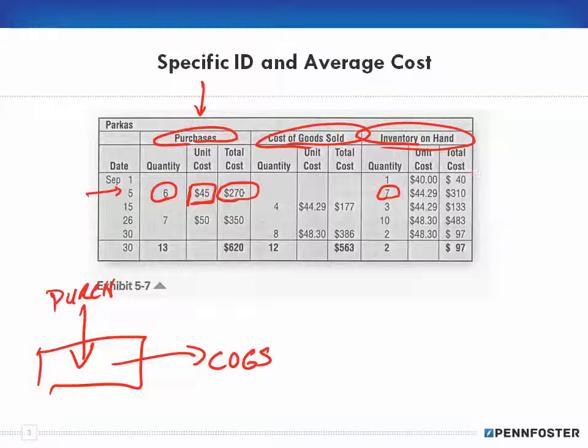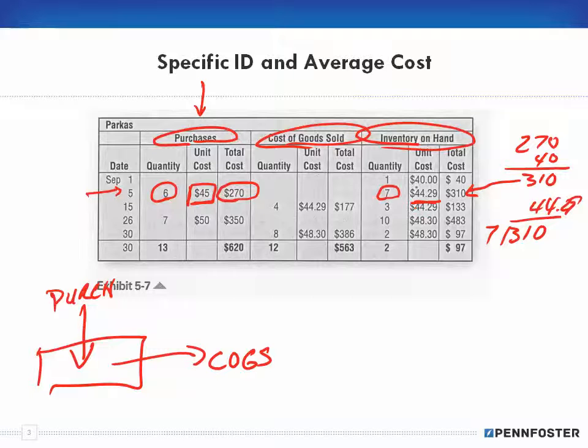And if we take the 270 plus the 40 from the 1, right, we have a total value of 310, okay? That's our total cost. But notice now that our unit cost is only $44.29. And the way we get that is we take the 310 and we divide it by the number on hand, the quantity on hand, which is 7. And that gives us $44.29.